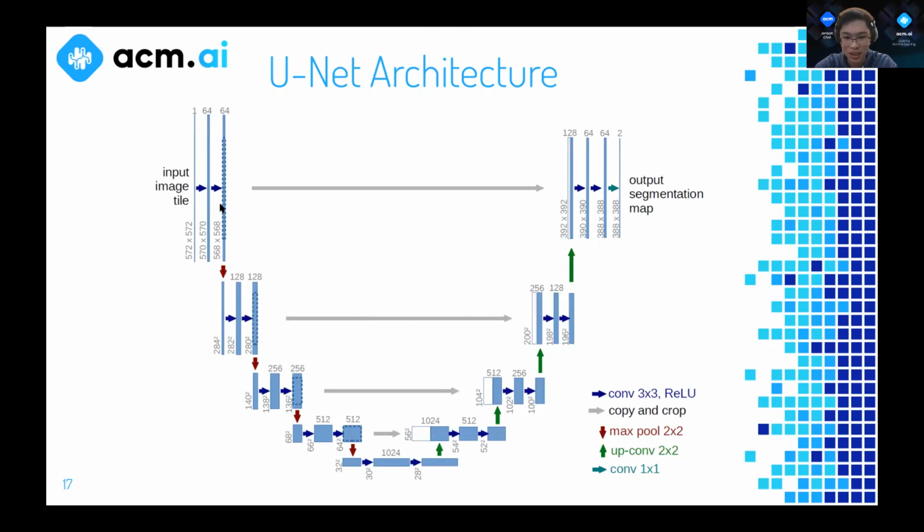The interesting thing about UNet is it makes use of something called transpose convolution, which is to upsample our feature map. This is opposite to what we're doing with max pooling layers or any pooling layers, which is to downsample our feature map.